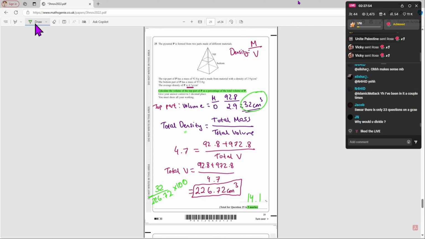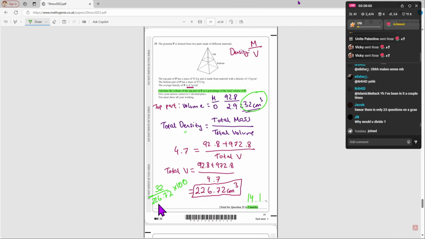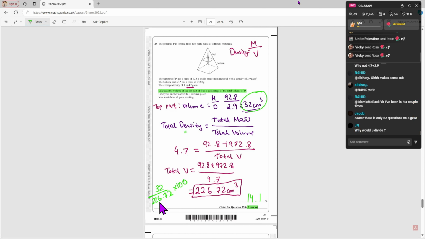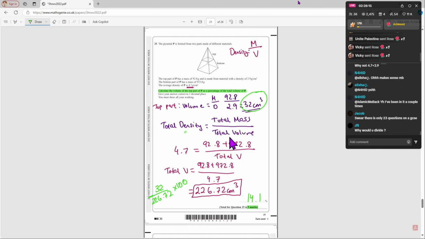For the final part, you have to calculate the volume of the top part of P as a percentage of the total volume of P. So the volume of the top part is 32 over the total volume, which is 226.72. Then you times it by 100 to get a percentage. And then we have to find the total volume. That's why the total density is equal to total mass divided by total volume.